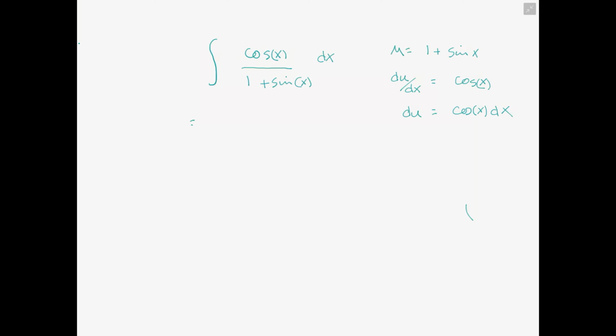And now we can put that substitution into this. We've got cosine x dx, which is du, over u.